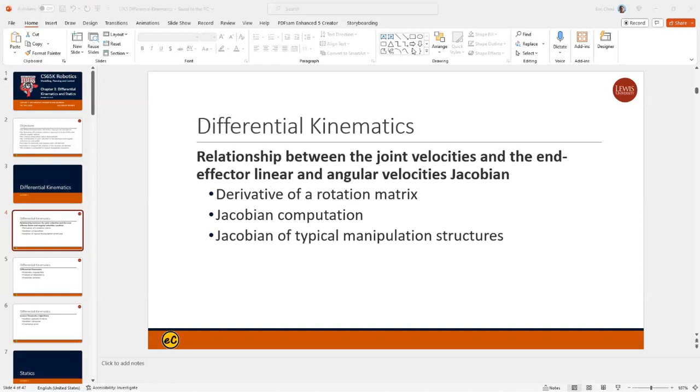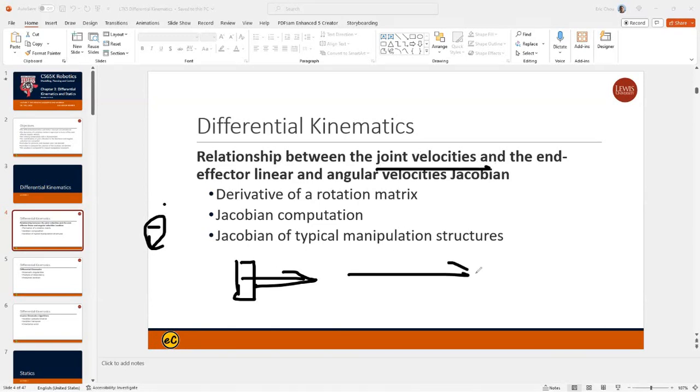So when you have some change on your joint, it can be a prismatic change, how fast the prismatic extends, or a rotational speed. How much would it cause the linear velocity change and the angular velocity change, using the Jacobian matrix to calculate it. These are the main topics of today.